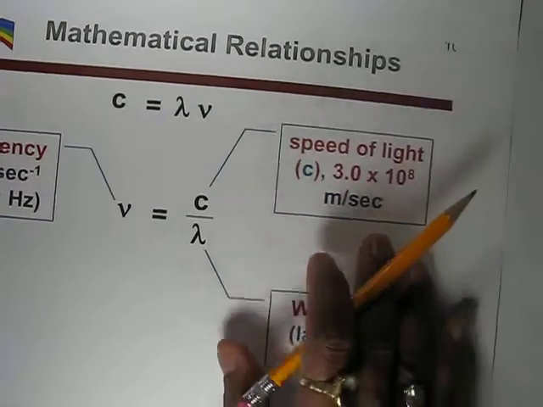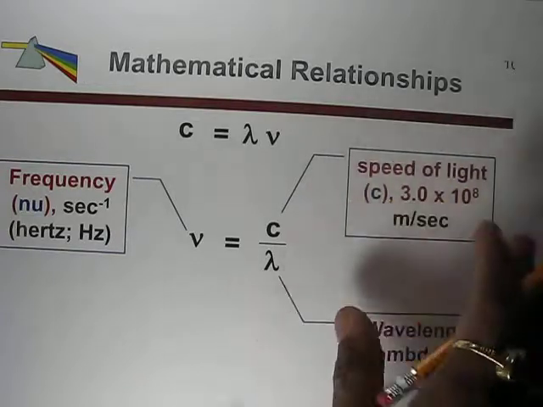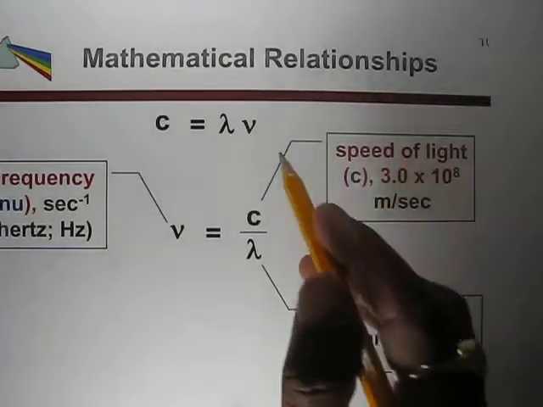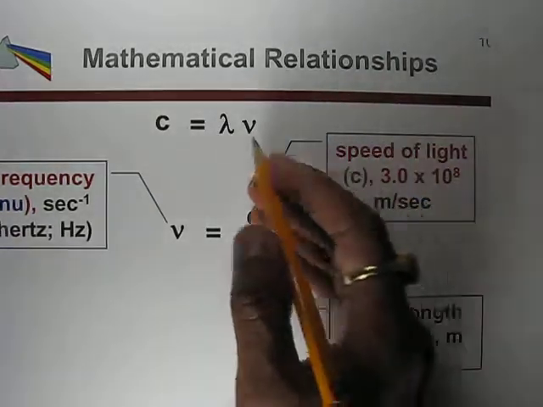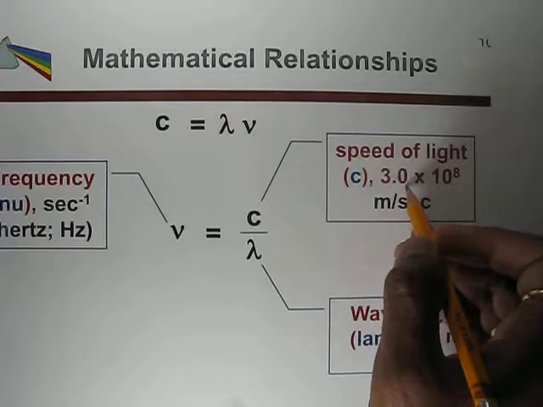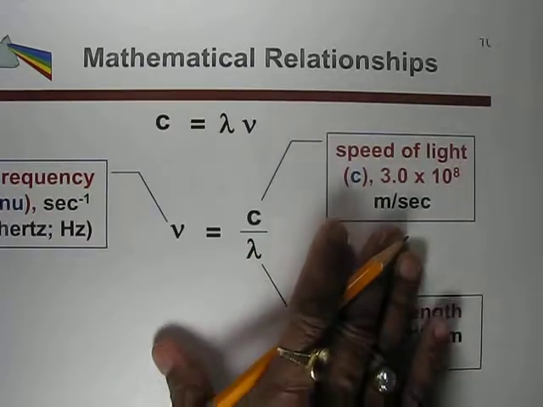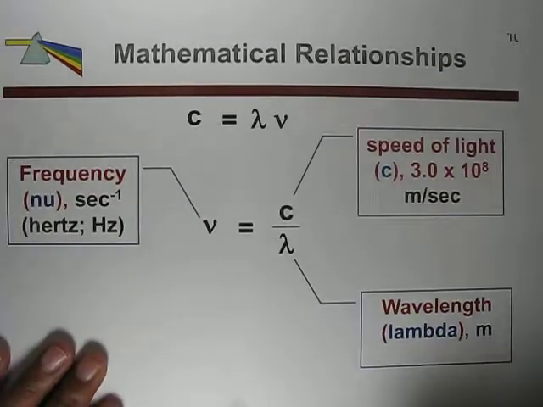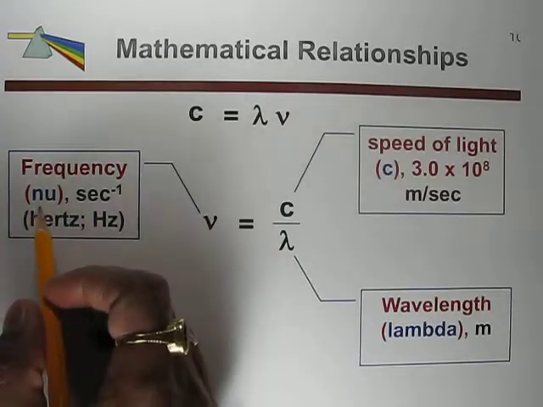So again, this slide is important for you to remember the mathematical relationship between the speed of light, wavelength, and frequency. So c is the speed of light, which is 3.0 times 10 to the power 8 meters per second, which is constant, and frequency is represented by nu.